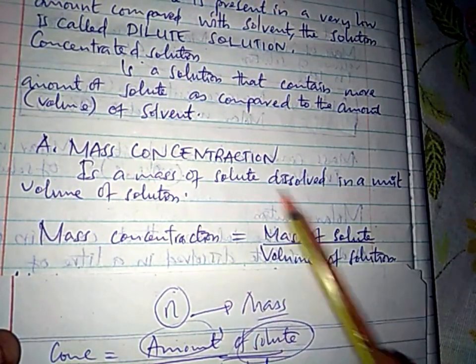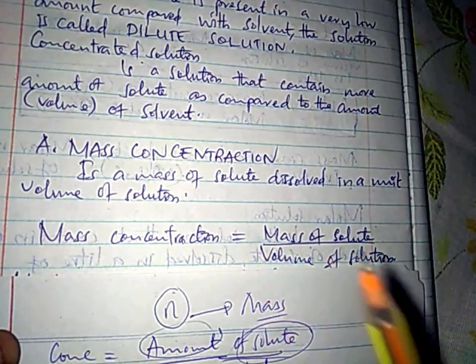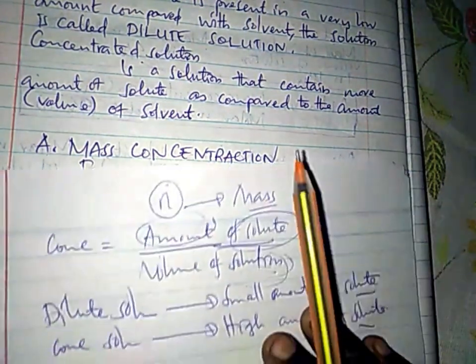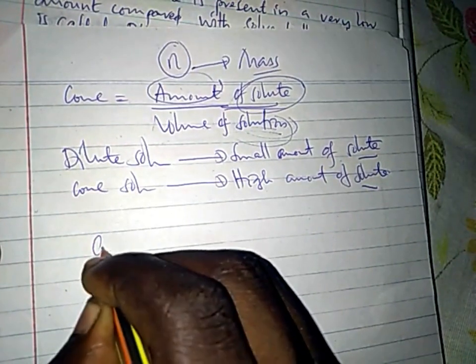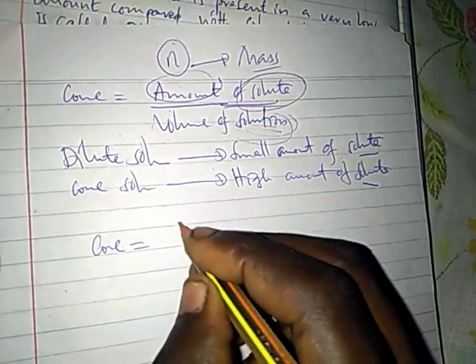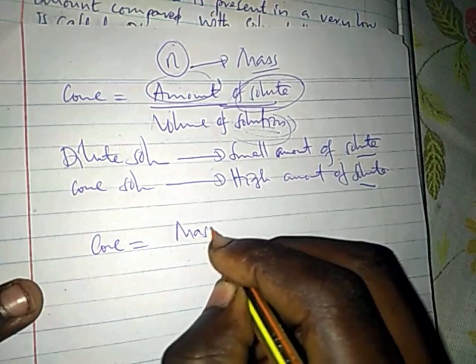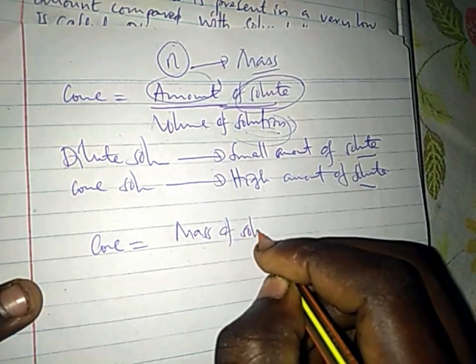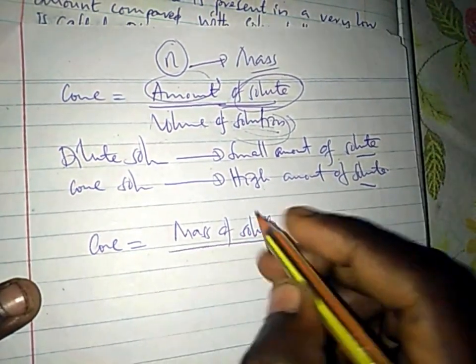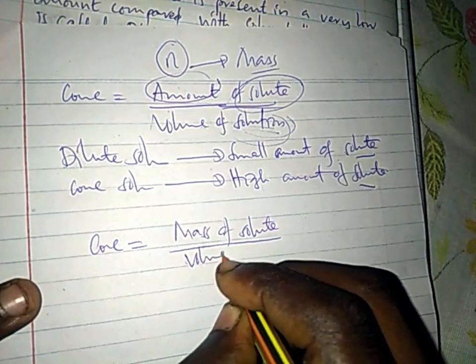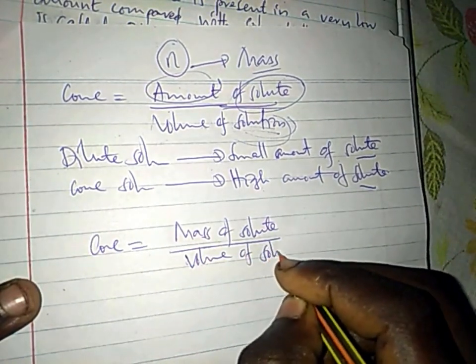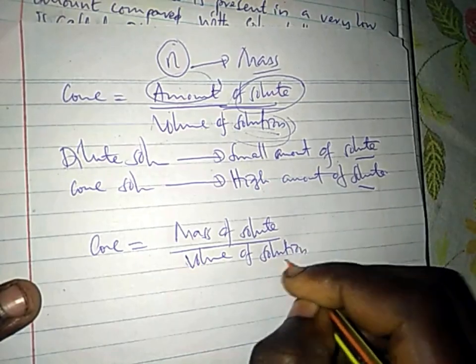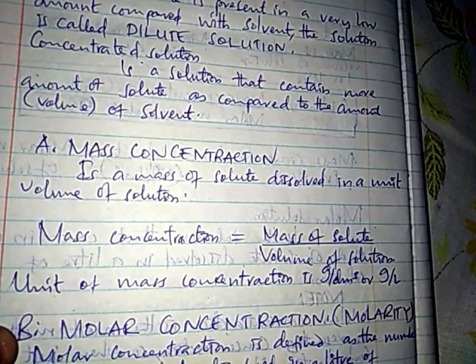Mass concentration is the mass of solute dissolved in a unit volume of solution. So mass concentration, abbreviated as conc, is equal to mass of solute divided by volume of solution.